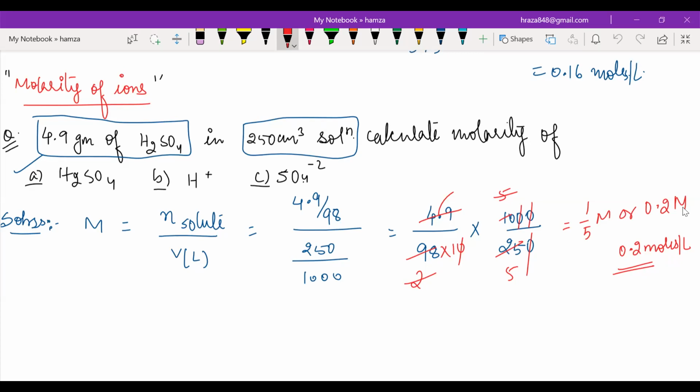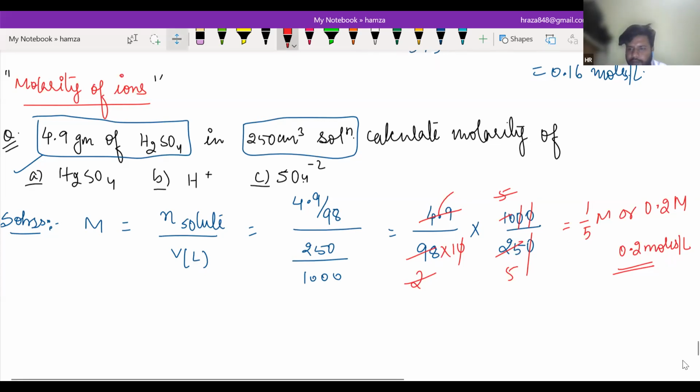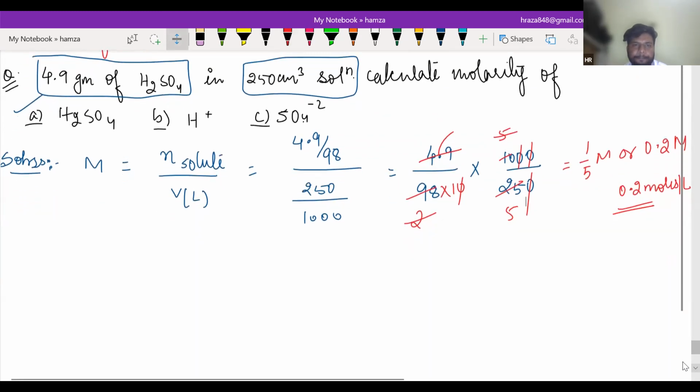Done. Now see. For finding molarity of ions, we need to dissociate this into ions.